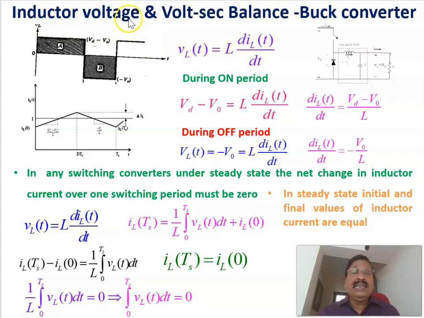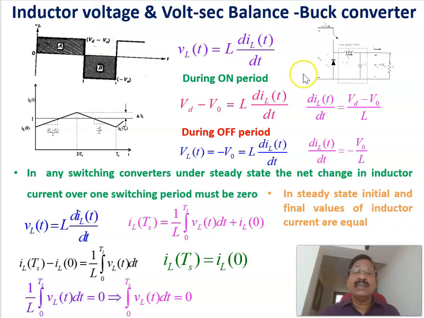Now let us see the inductor voltage as well as the volt-second balance concept of a buck converter. This concept is applicable to all converters. Here we are considering the inductor voltage for a buck converter. In a buck converter, as we have seen, when the switch is on, the voltage across the inductor is equal to Vd minus V0, a positive voltage.